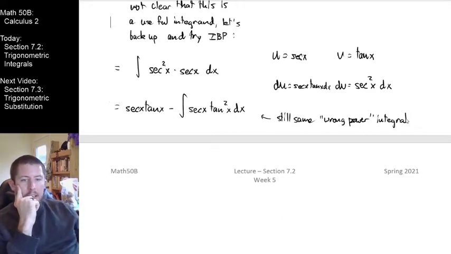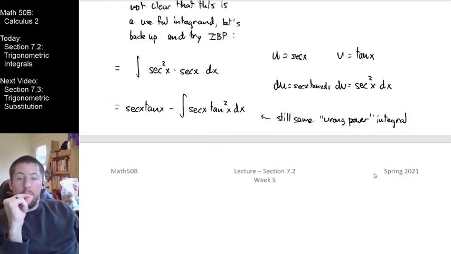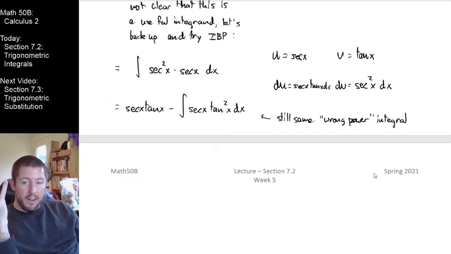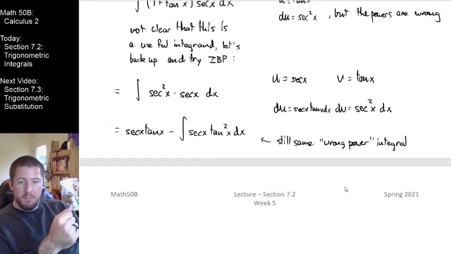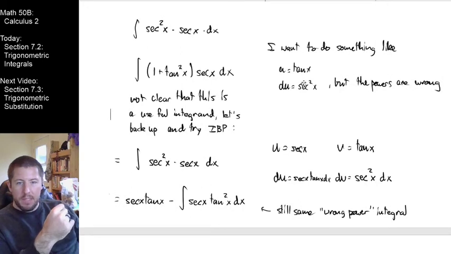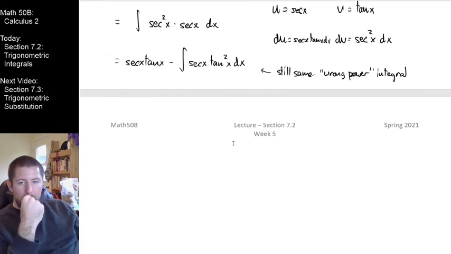We still have the same wrong power integral, where I really wish this was a tangent and a secant squared. In that case, that would be a really, really easy u sub for us, right? We have that same issue as before, where they're sort of flipped as to what I want them to be.